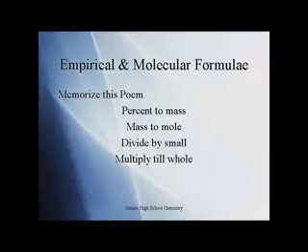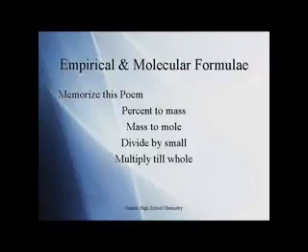Once we have mass, we then change that to moles, doing the mole conversions that we learned in the last podcast. Once all of the elements in the compound have been converted to moles, we then find the mole ratio by dividing by the smallest mole quantity, having each mole quantity divided by the smallest.